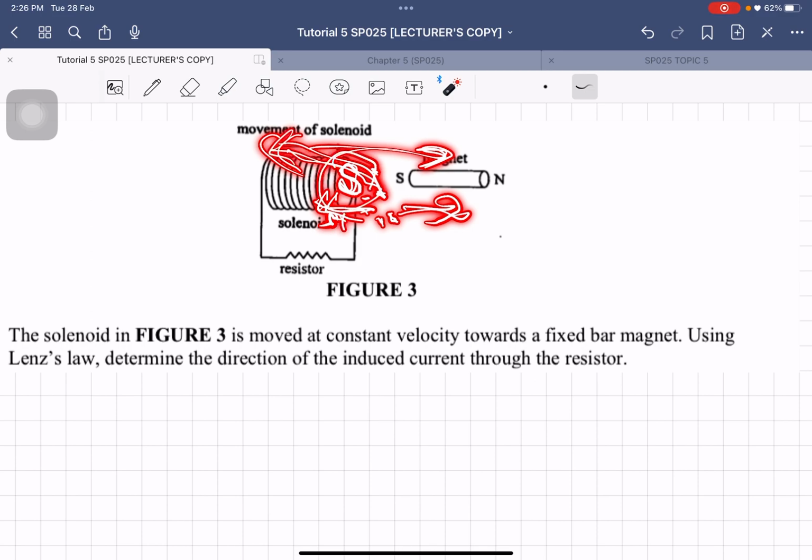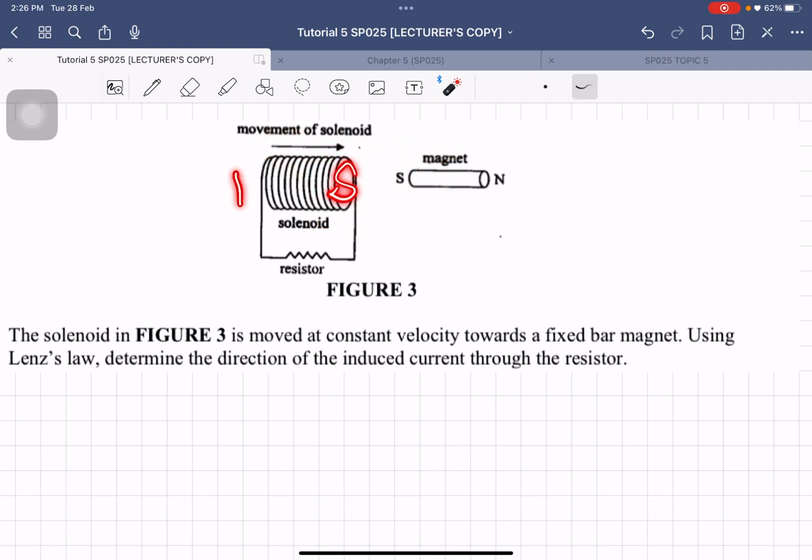That's why instead of an attractive force here, they're trying to produce a repulsive force. That's why if here is S, here will be S also. So if here is a south pole, here will be the north pole. If we use the right hand grip rule, our thumb is basically pointing here and our other fingers will be pointing upwards.